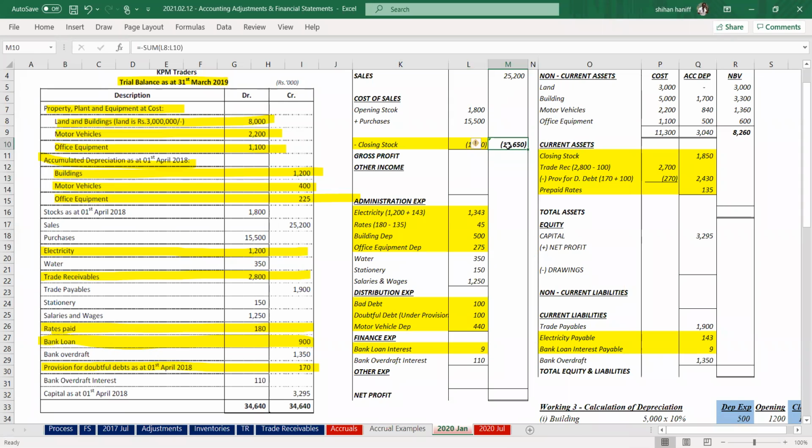So if you balance this, first let's calculate the profit.